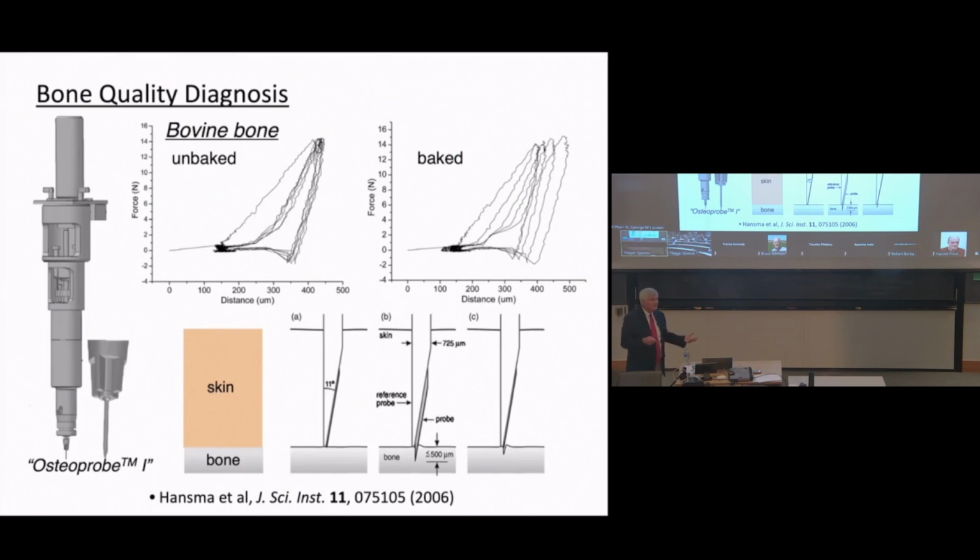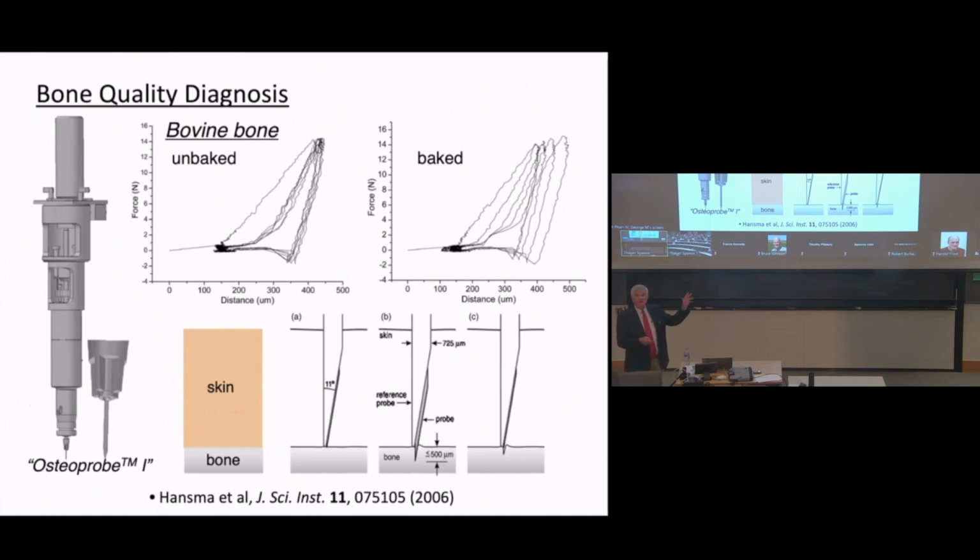This is thermal annealing, right? They thermally annealed this bone, and then did the same thing, and you can see that the behavior becomes very different. And they use that simply as a starting place for, can we actually see something in a force displacement curve that indicates that the bone quality has changed somehow.